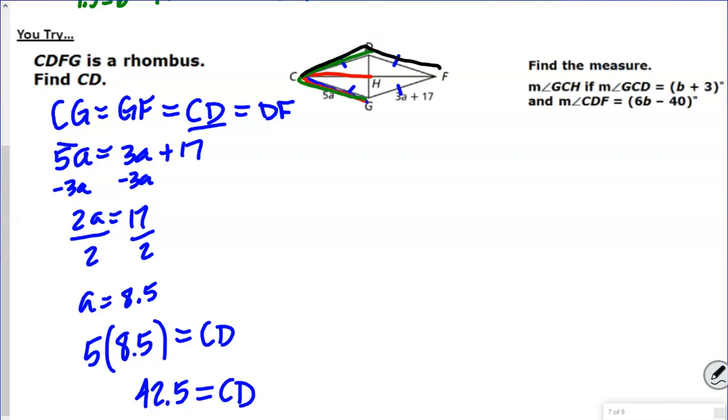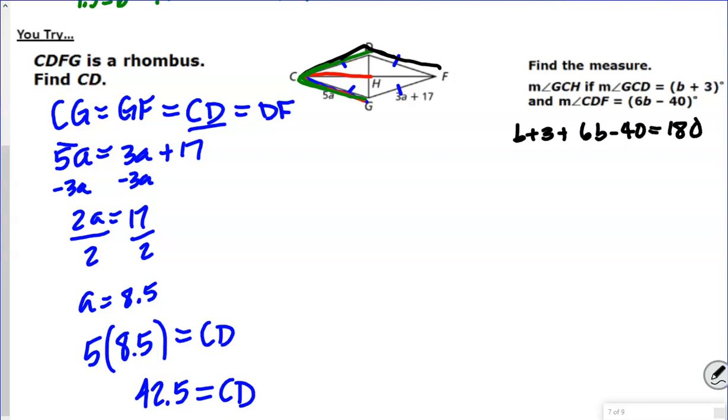Ooh, now we got, look, we've got this angle right here and this angle up here. What do we know about those two angles? They're supplementary, right? Because they are right next to each other. So angle C and angle D. So that means we can say B plus 3 plus 6B minus 40 are equal to 180, right?